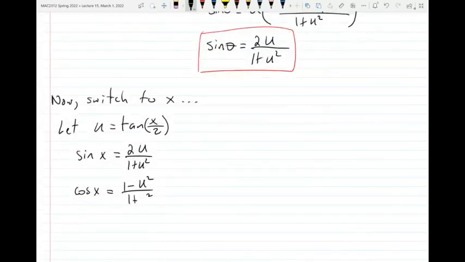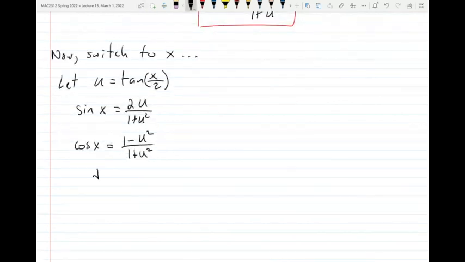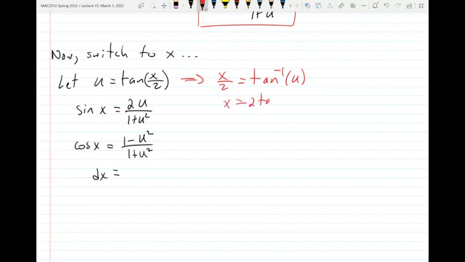If you think about substitution, the only thing we need to do is say something about dx. When you're making a substitution, we are dealing with a function that only has sines and cosines. So here we have a substitution for the sine and a substitution for the cosine. We just need to do something about the dx. From here, x over 2 is inverse tangent of u, so x is 2 times inverse tangent of u.